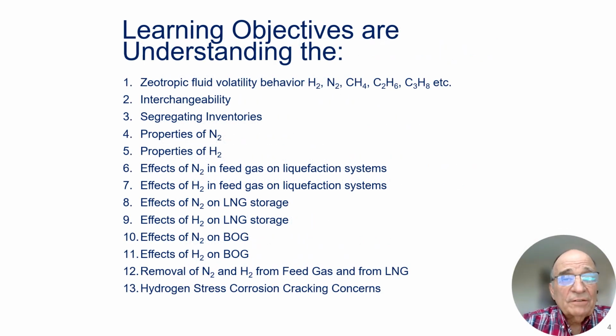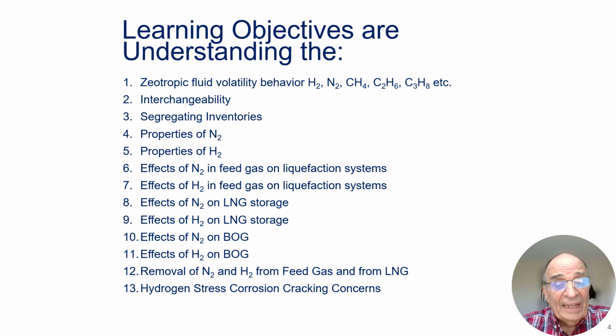The learning objectives are as shown here. We're going to examine zeotropic fluid volatility behavior, speak about interchangeability, and talk about segregating inventories if you have multiple tanks. We'll cover the properties of nitrogen, the properties of hydrogen, the effects of nitrogen in feed gas on liquefaction systems, the effect of hydrogen in feed gas on liquefaction systems, the effects of nitrogen on LNG storage, the effects of hydrogen on LNG storage, the effects of nitrogen in BOG, that's boil-off gas, and the effects of hydrogen in BOG.